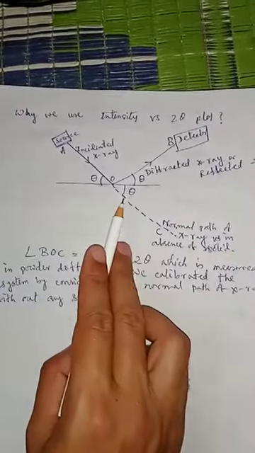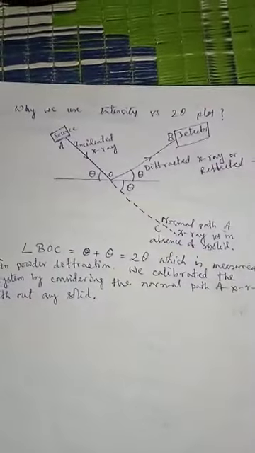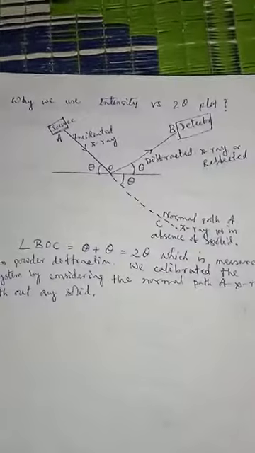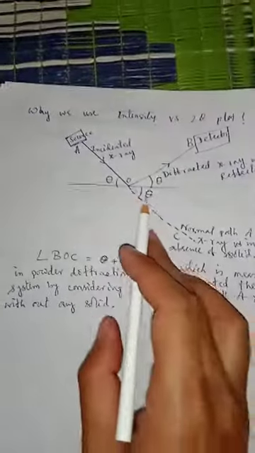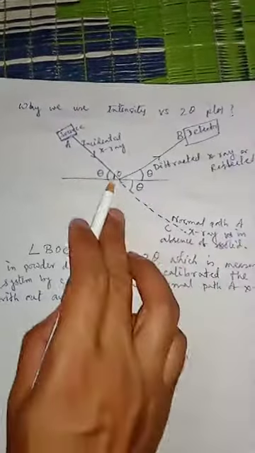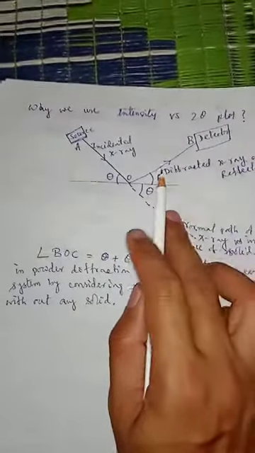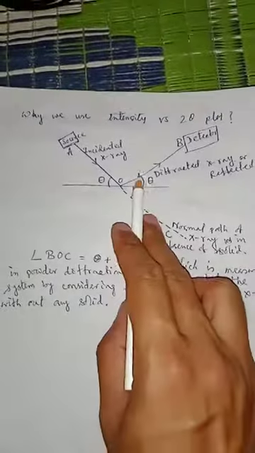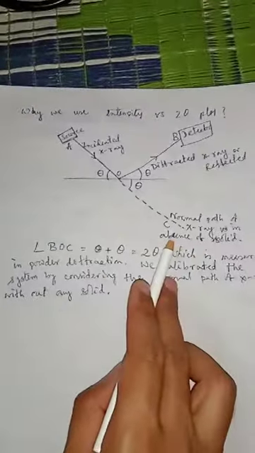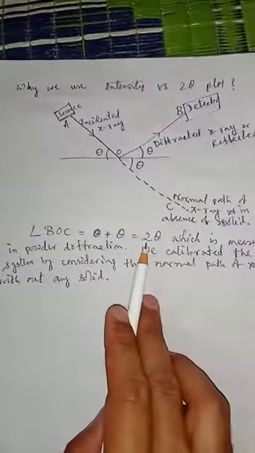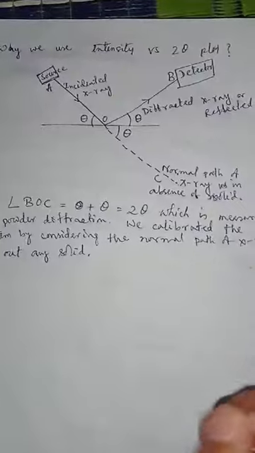Now when the solid is present, the reflection will go in the other direction, so there is a deviation. We basically measure the deviation: when there is no solid, in which path it will go, and if there is a solid, in which path the X-ray is going. In this way we measure the deviation angle, and the deviation is nothing but the BOC angle. So the BOC angle is 2 theta. That's why we are plotting intensity versus 2 theta in the X-ray diffraction pattern.